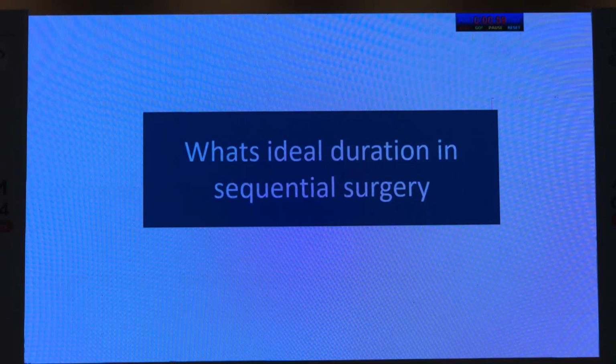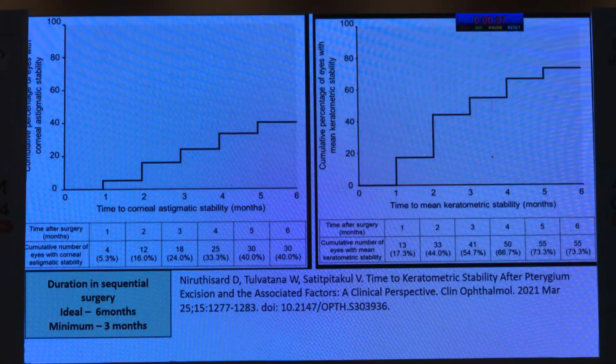Then what is the ideal time for the sequential surgery? In this graph, from a study published in 2021, in the first graph we can see that at 6 months, only 40% of patients have corneal astigmatic stability, and mean keratometric stability is reached in more than 73% of cases at 6 months.